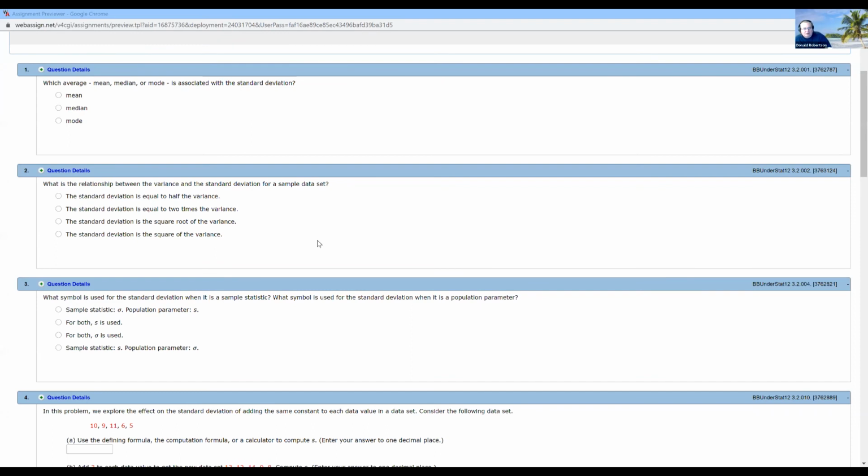Can you imagine who I stuck to the standard deviation, who he or she was married to? Would it be the mode? Median? It's the mean. The mean and standard deviation go together. And the median and the interquartile range go together as the other partnership.